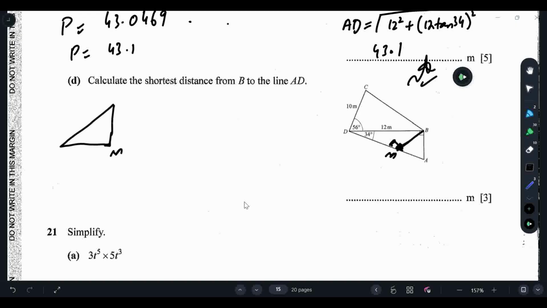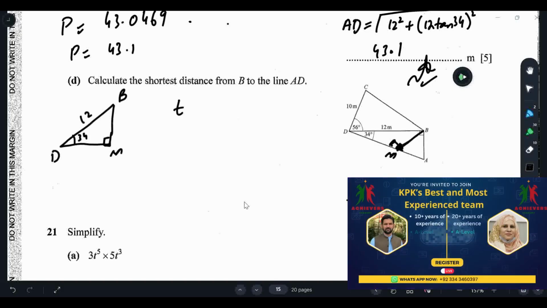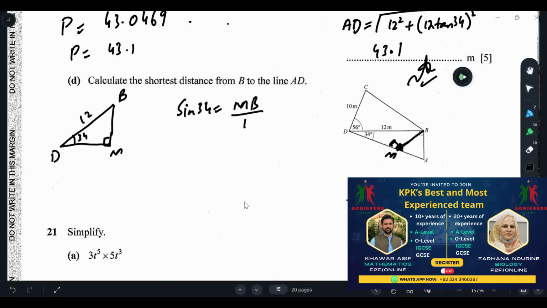So in triangle MBD, this angle is 34, this angle is 90, and BD is 12. So we have to find MB. For MB, we can use sine. So sine of 34 will be equal to MB divided by the hypotenuse.